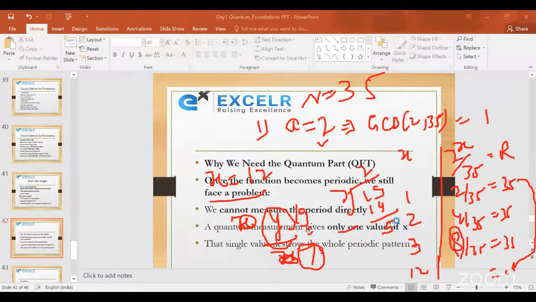Otherwise, if it is not less than 7, suppose it is 8, then what will happen? 24, suppose 25 I'm taking, then 4 sevens are 28. Suppose remainder 9 I'm taking, then it is wrong. Nobody can go in this method.